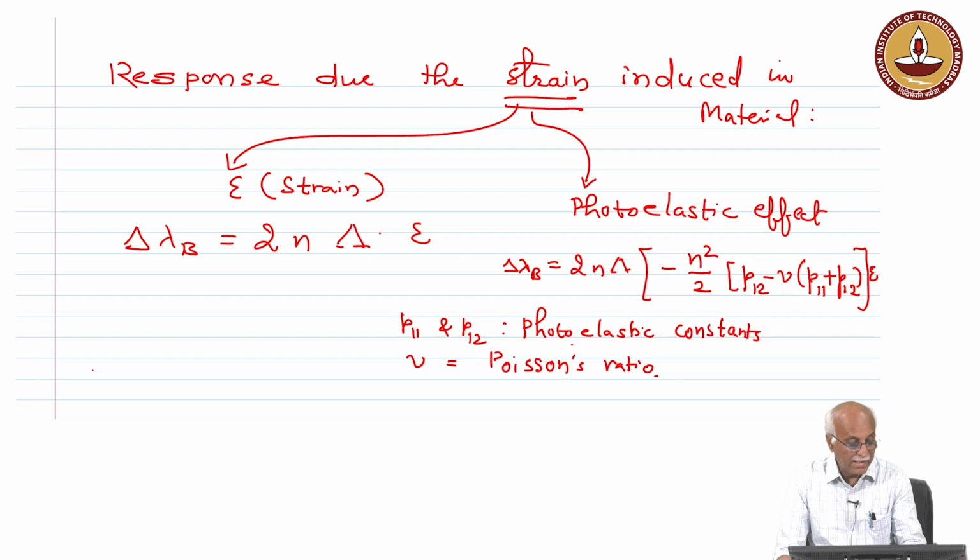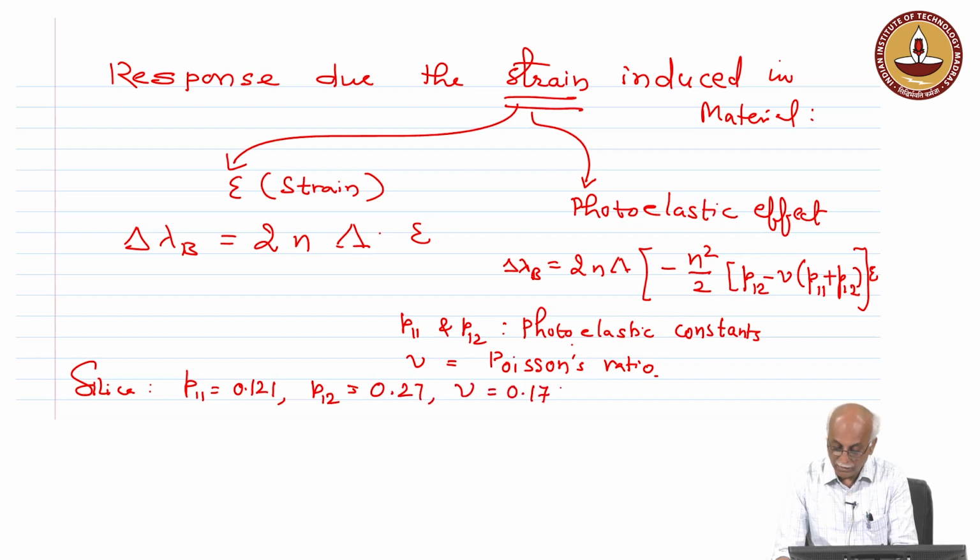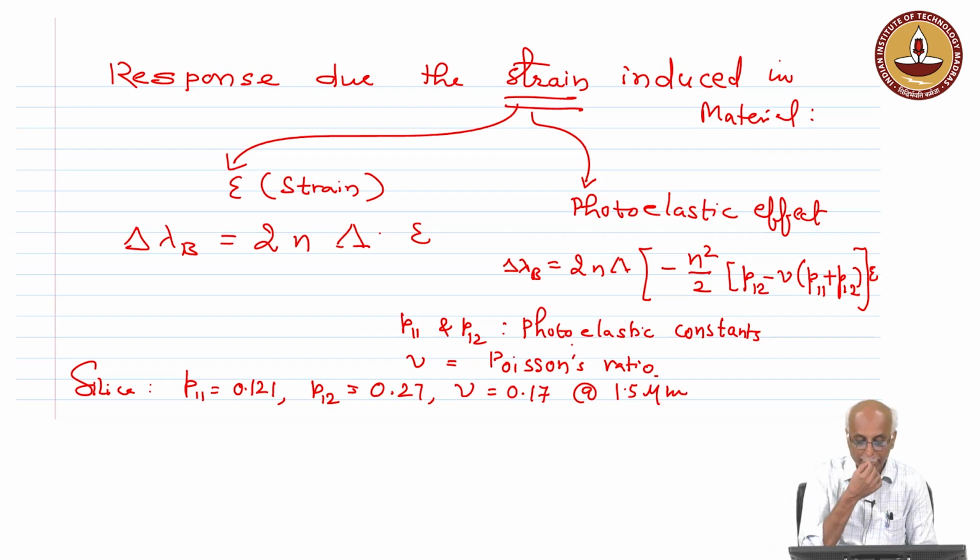In case of silica, P11 is 0.121, P12 is 0.27, and nu is approximately 0.17 at 1.5 micrometer wavelength. Epsilon is nothing but the strain.